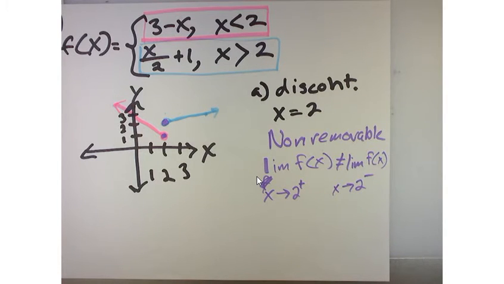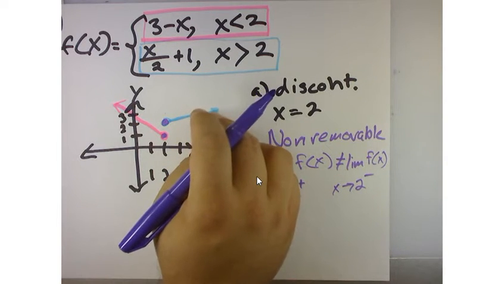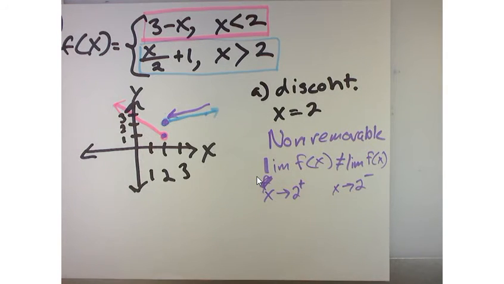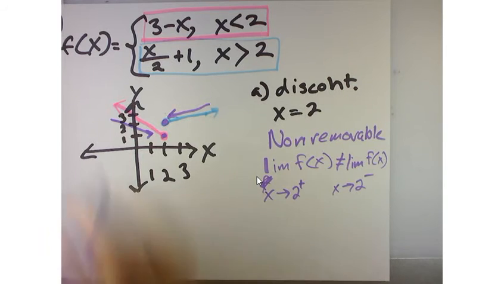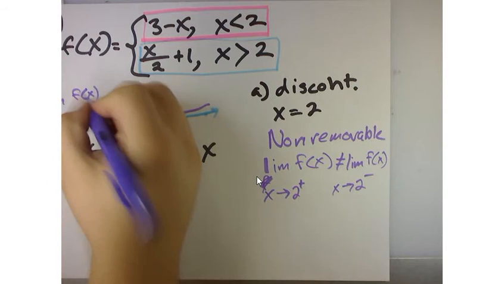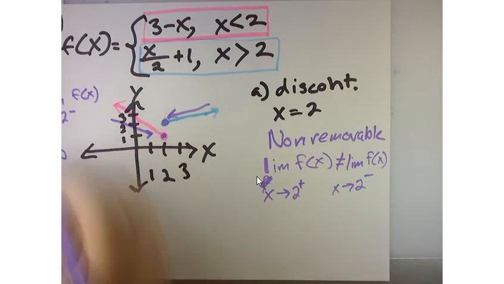The limit from the right-hand side is different than the limit from the left-hand side. That's why we have a jump discontinuity, because as I approach from this side, my limit is 2. As I approach from this side, my limit is 1, right? So this is the limit of f of x as x approaches 2 from the negative infinity side.